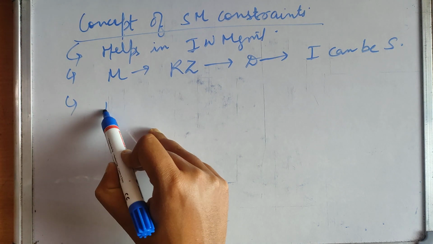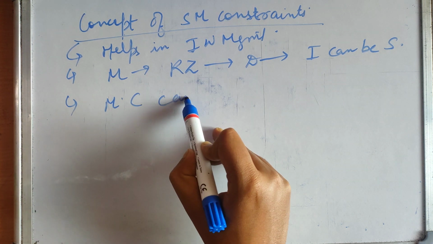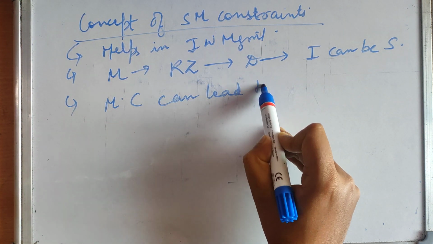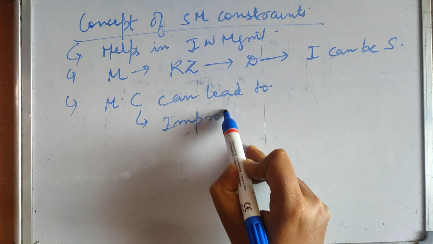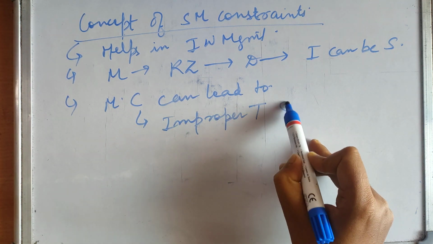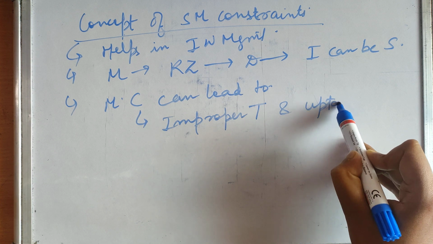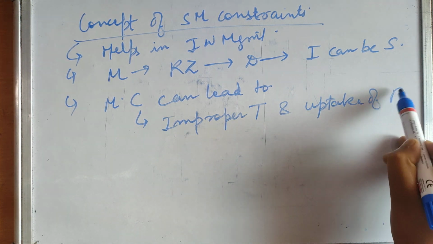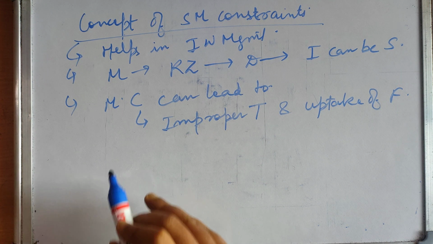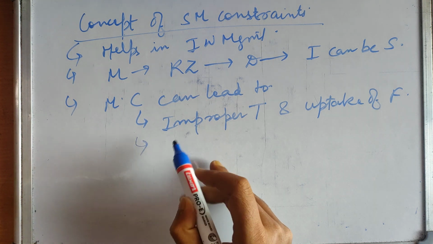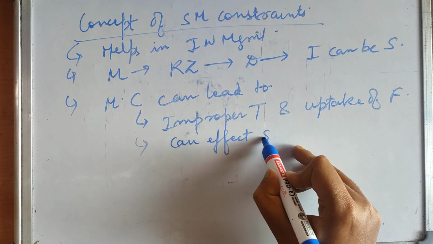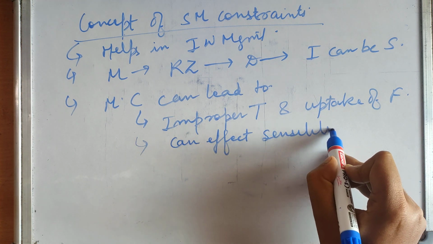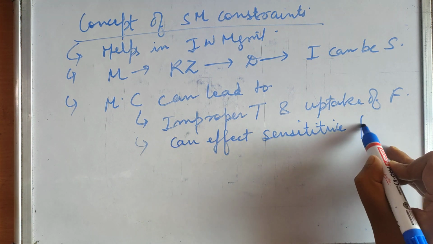Moisture constraints can lead to improper translocation and uptake of fertilizers, which can affect sensitive parts of plants.